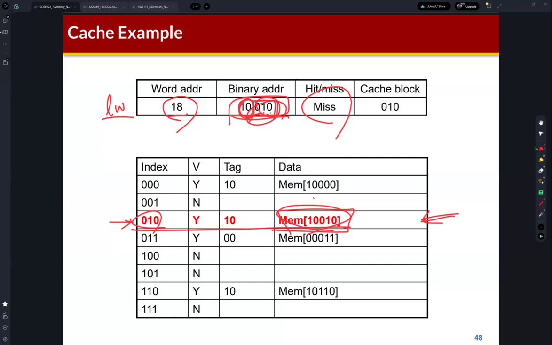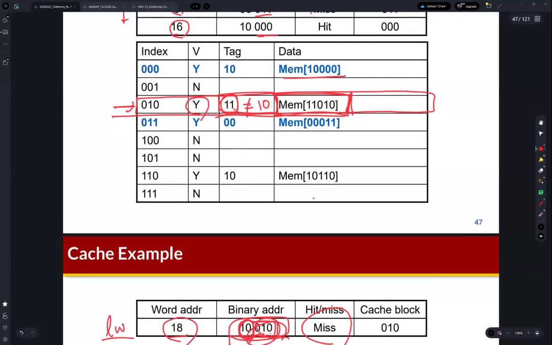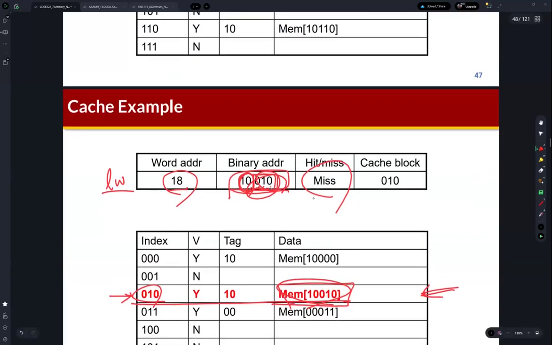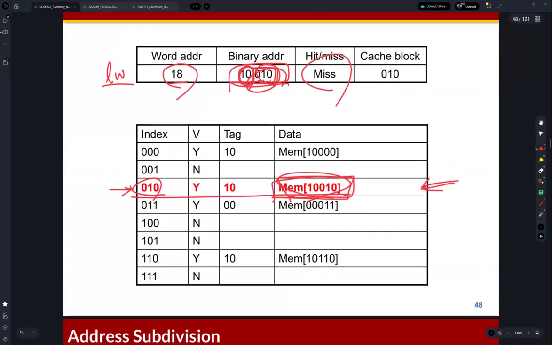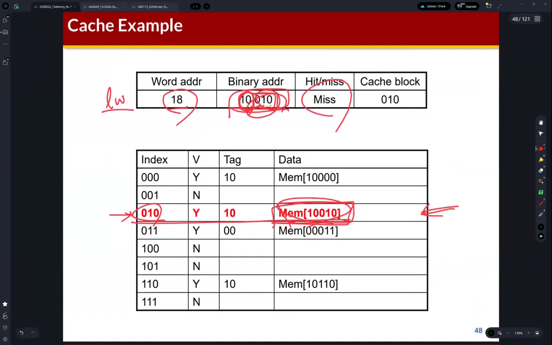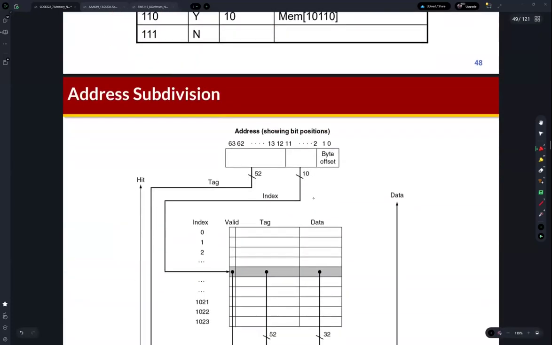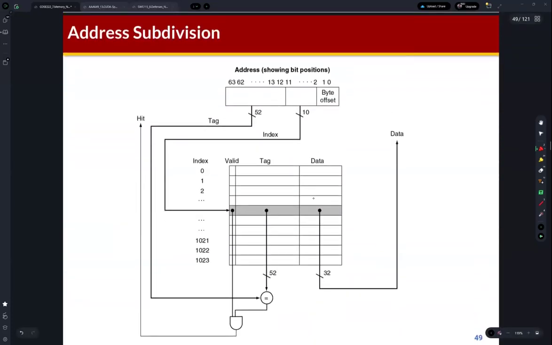Okay, so you can find that this data is removed from the cache, and then new data is allocated. This is the cache replacement. Okay, and so this is the miss. So we can understand the cache structure like this.